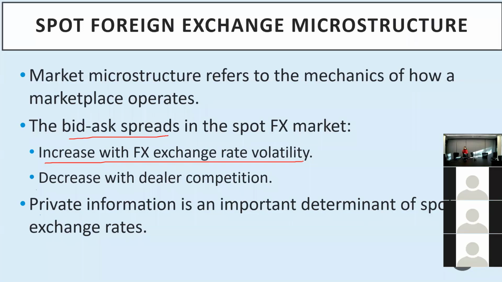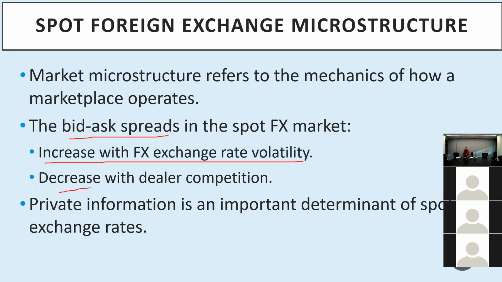So when there is more volatility, dealers are reluctant to trade unless they know that the trade will not hurt their position, right? So when dealers are discouraged to trade, they will widen the bid and ask spread, meaning that they will make it less attractive for people to trade with them, okay?